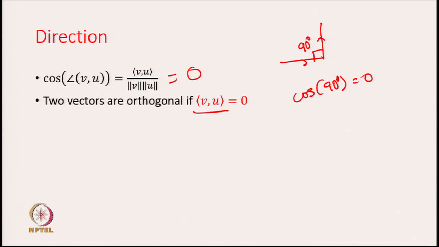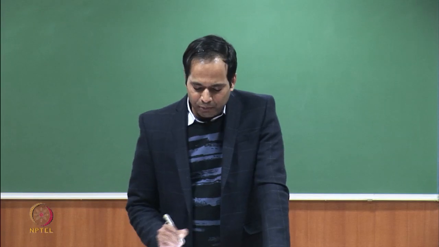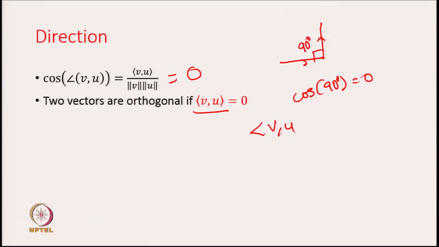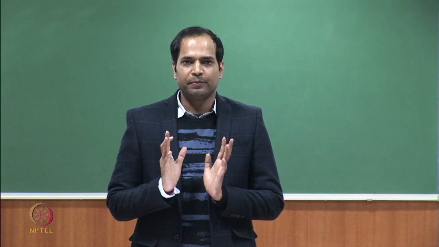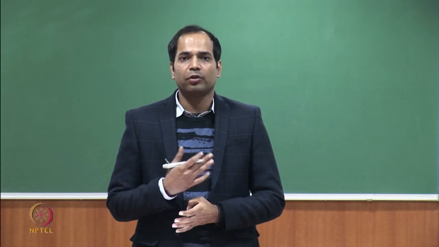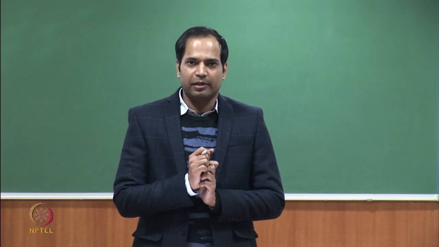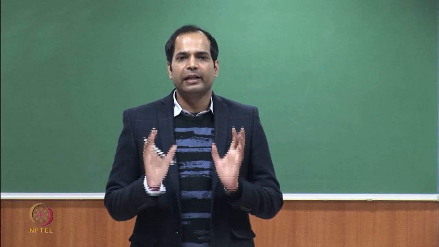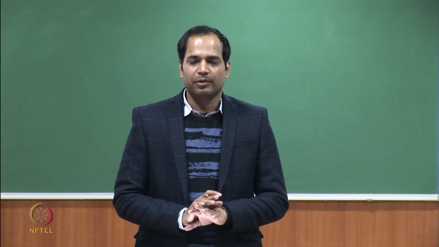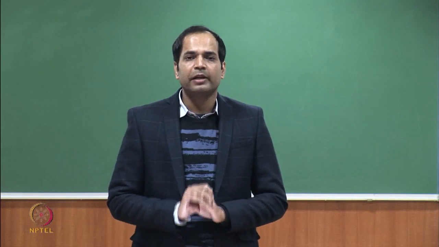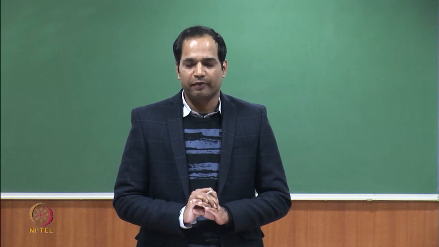In that case, orthogonality can only be achieved if the inner product between the two vectors is 0. So, this is the test that you need to make to predict whether the vectors are orthogonal or not. If you are interested in finding whether the vectors are orthogonal, you take the inner product between the two vectors, and if it turns out to be 0, that means the vectors are orthogonal.